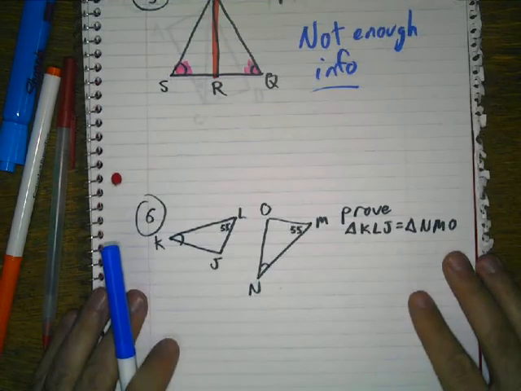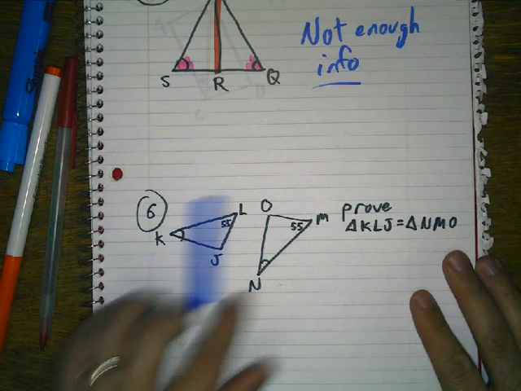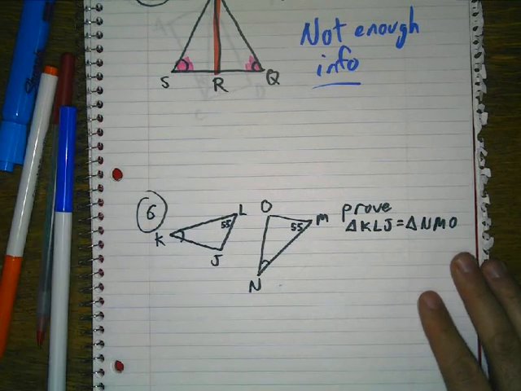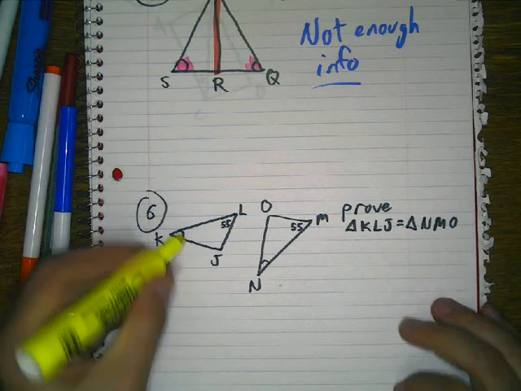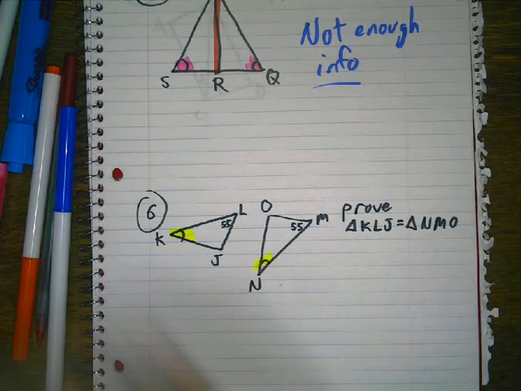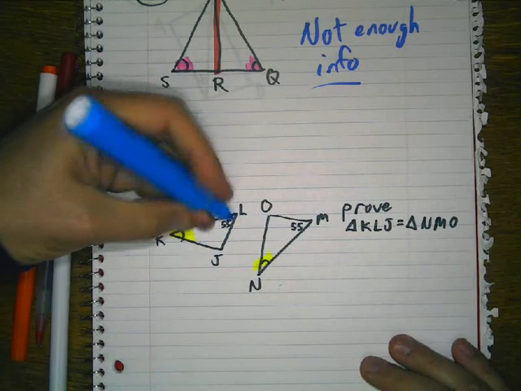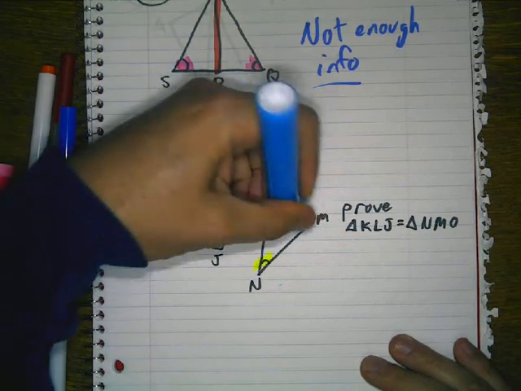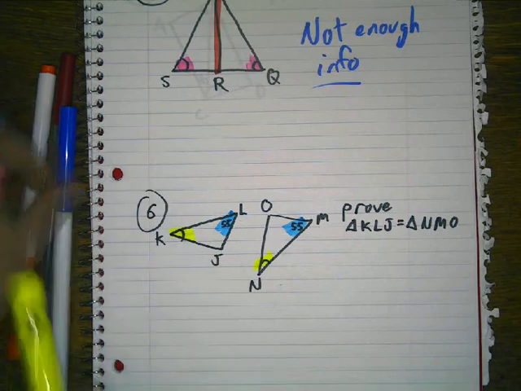Let's look at the next one. I know this angle is congruent to this angle, and I know this angle is congruent to this angle, but I don't know anything about any of the sides, do I? So this one is not enough information.